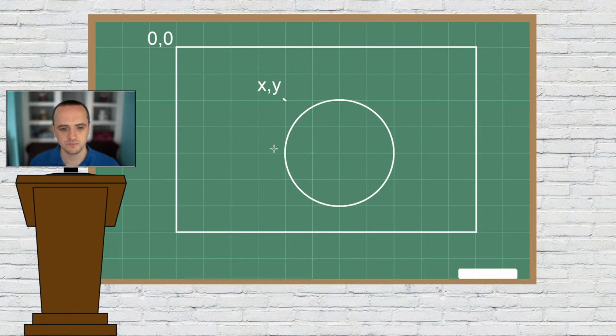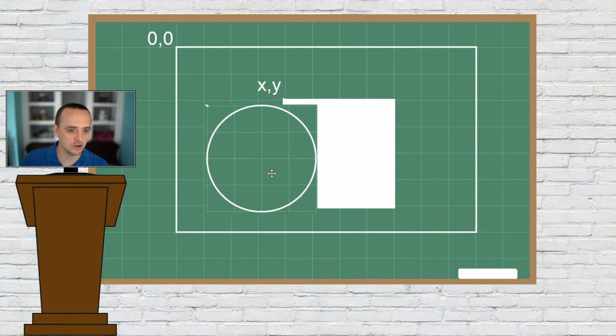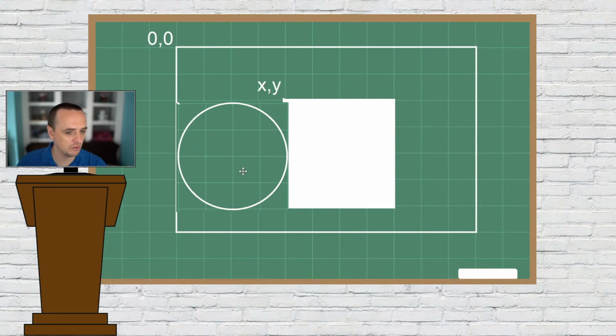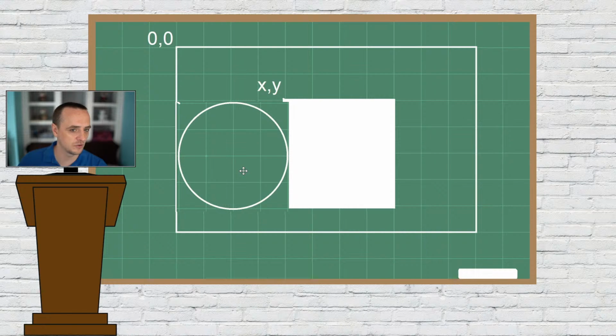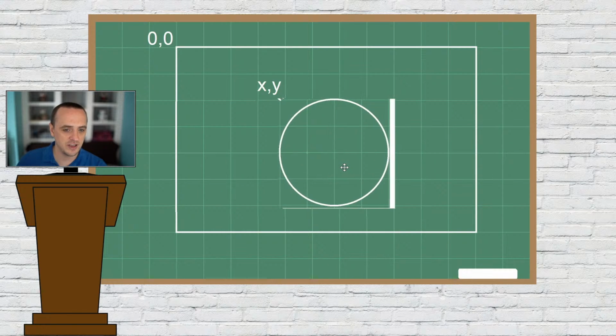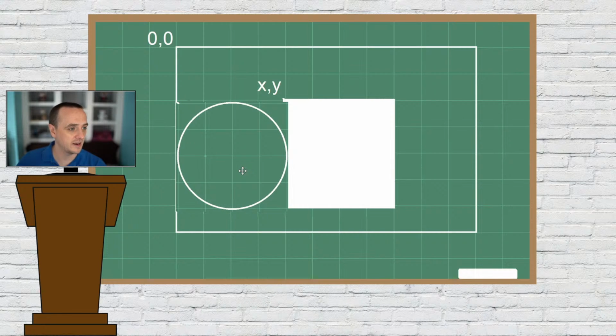So, how do we know when left is touching left? Well, left is touching left when the following happens. If the X location of the circle is less than 0, then we know that the left-hand side of the circle is touching the left-hand side of the window. See how that works? The X location of the circle is going to be changing until it hits 0.